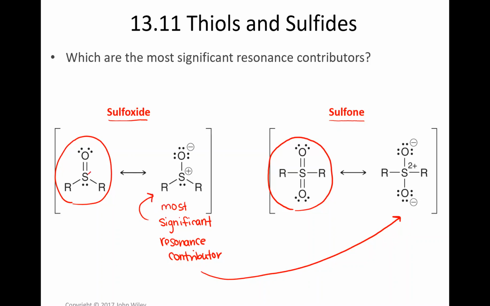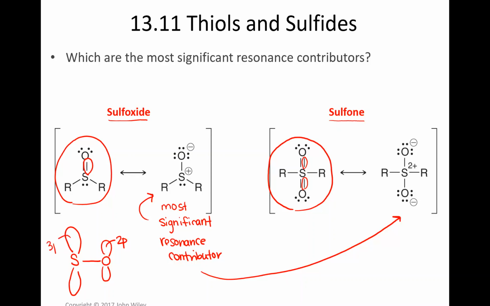And that's because if we really think about this pi bond, which are these second bonds from sulfur to oxygen, these are an overlap of p orbitals that are different size. So the p orbital on oxygen is 2p, and the p orbital on sulfur is 3p.